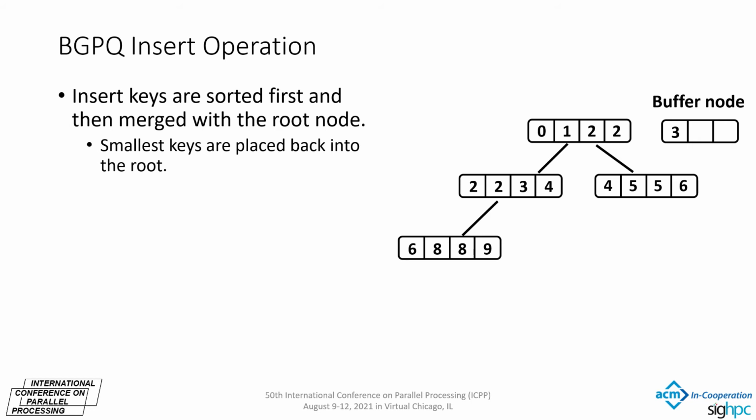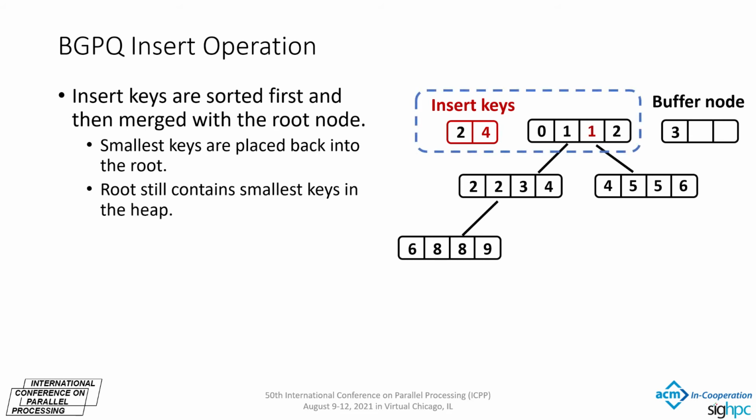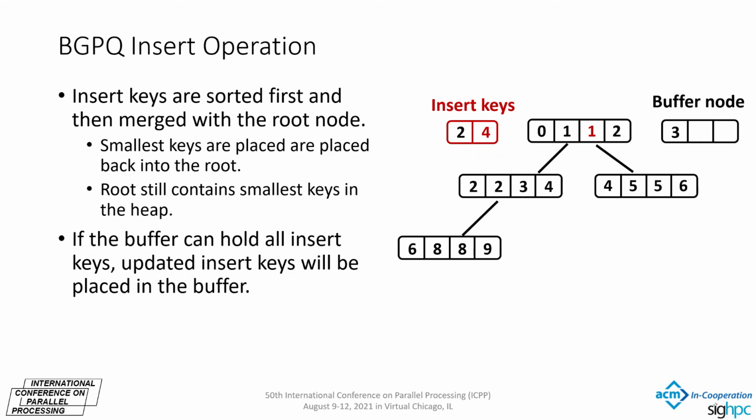In BGPQ, we can insert any number of keys. Our insert operation follows a top-down manner that starts from the root node. Insert keys are sorted first and then merged with the root node. The smallest parts are placed back into the root such that the root always contains the smallest keys in the heap. If the buffer can hold all insert keys, the updated insert keys will be placed directly into the buffer.